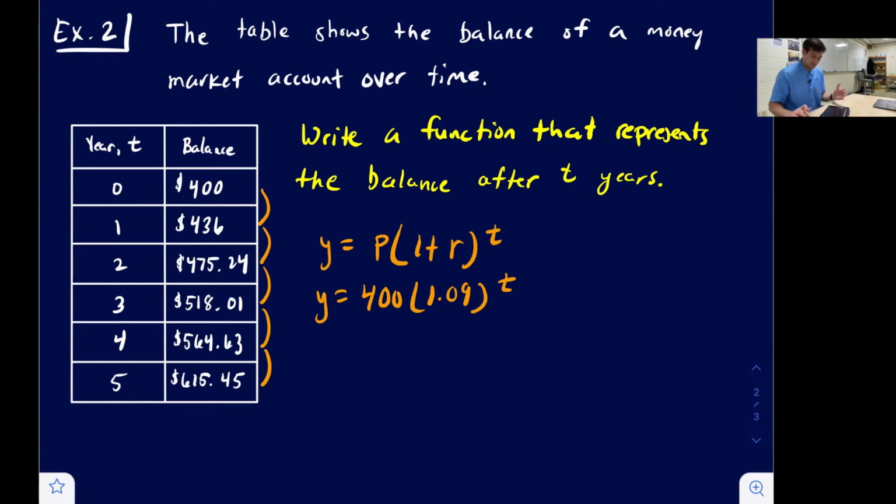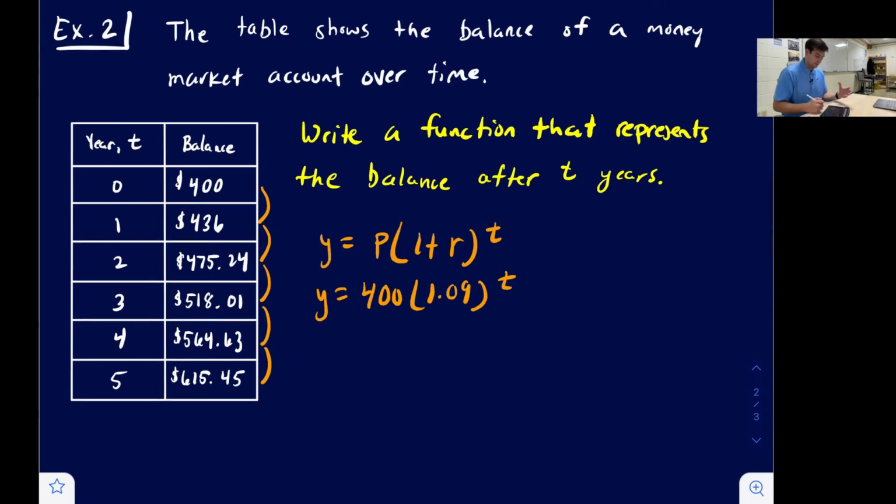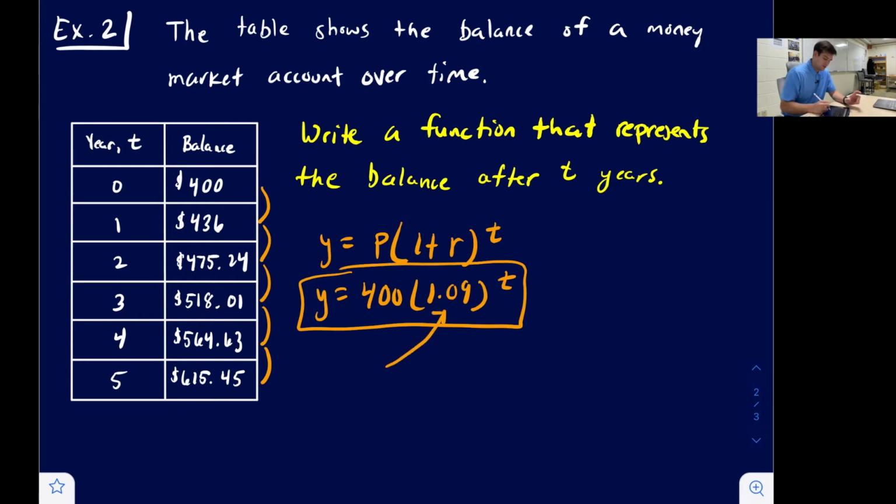So if I take $615.45 and divide that by $564.63, once again, I get 1.09. So my factor that we're increasing by, which makes this an exponential function, is 1.09. Okay, so now we have our equation here, y equals 400 times 1.09 to the t. And we could look once again at our growth factor and say, hey, this is a 9% growth.